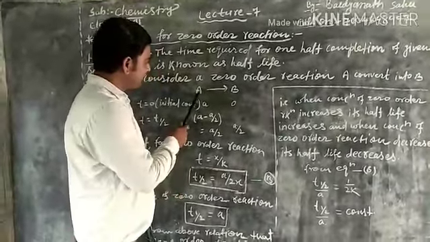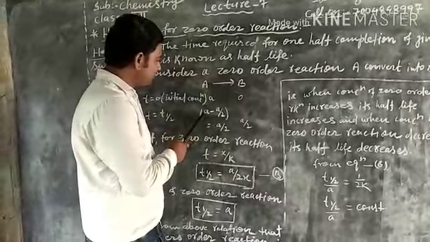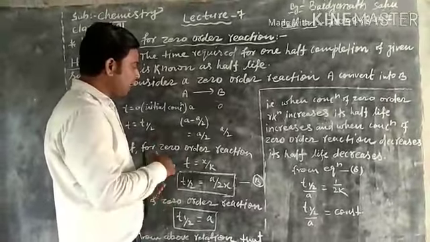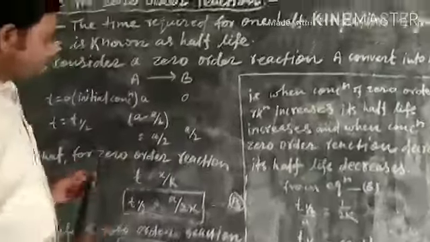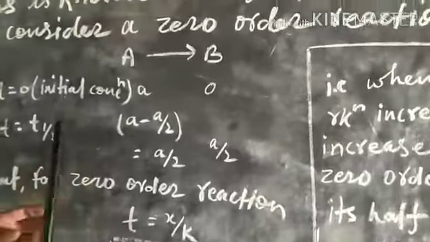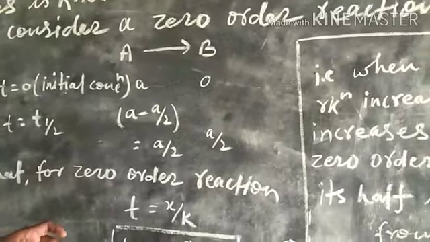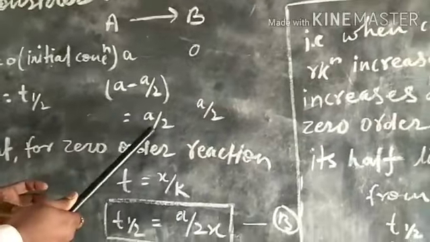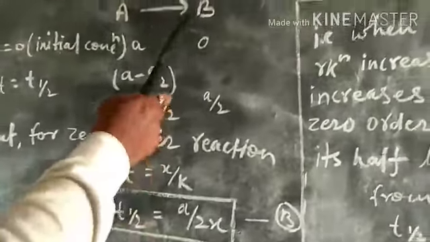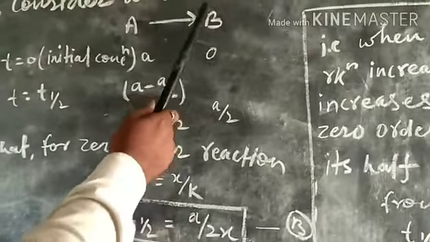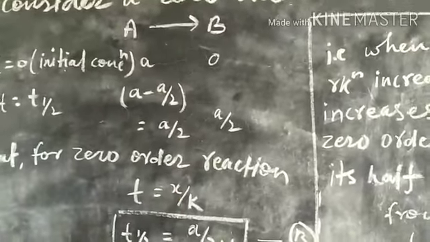The initial concentration of A is a. After the reaction is half completed, the concentration of reactant remains a by 2, and the concentration of product B becomes half.